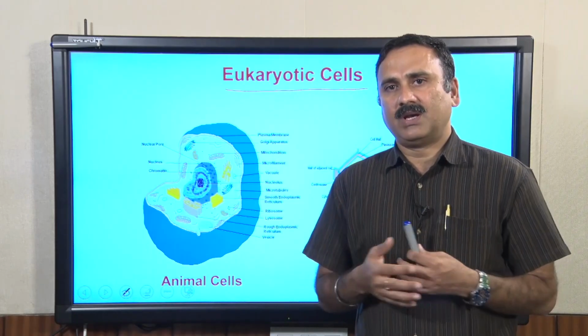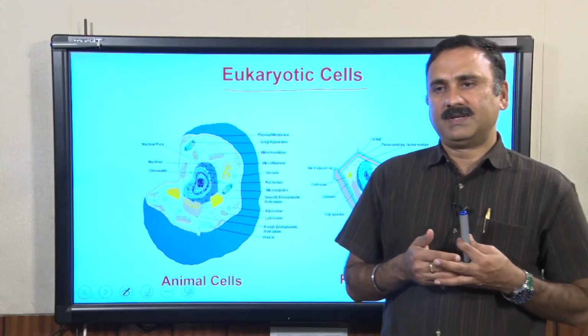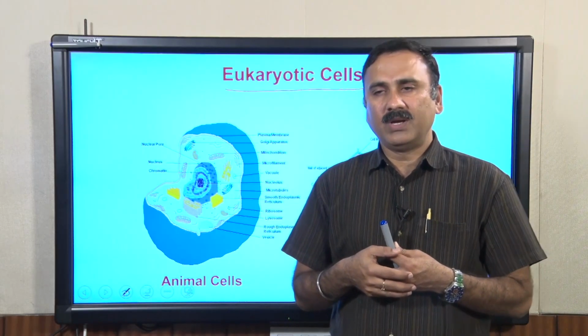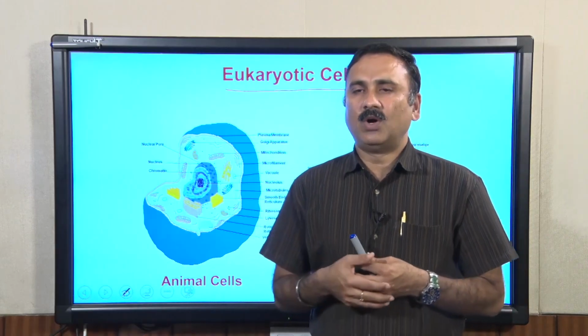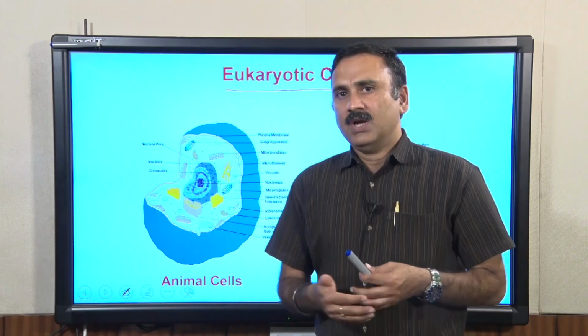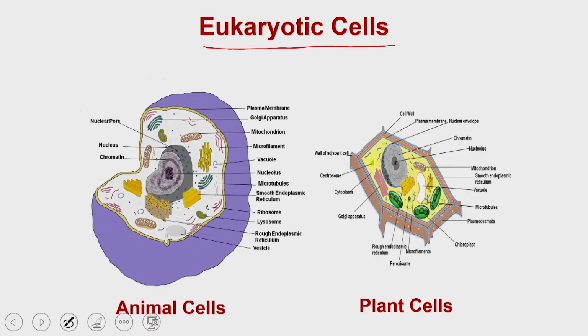Most of these organelles are useful both for studying the function of a particular protein, and some of the organelles are also used for protein production. So, whether it is an animal cell or a plant cell, in both cases you can use some of the dedicated organelles for producing proteins. Let us see what these organelles are.